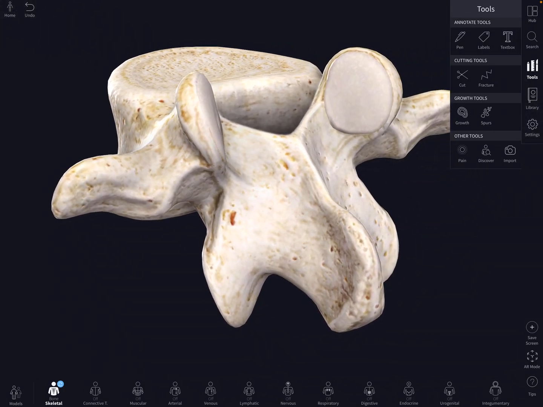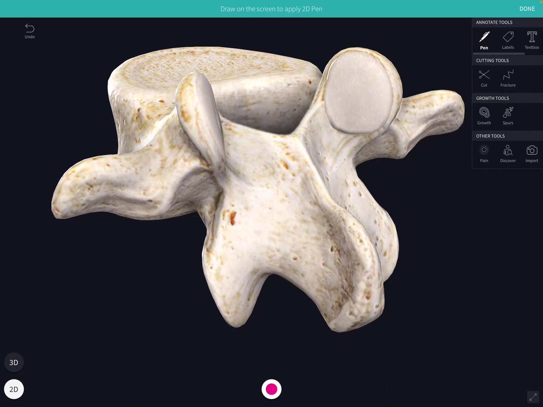We had here the pedicles arising back like that, and now we're into the region of the lamina. The lamina are quite broad bands of bone which run backwards and medially.